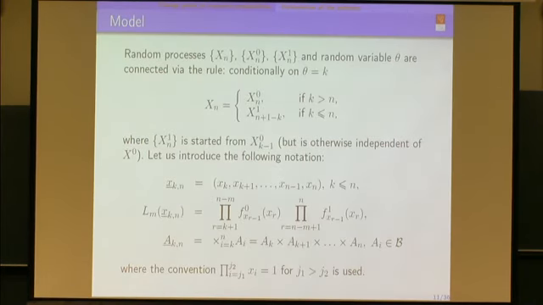Some denotation here is obvious, and let's look at this page. The most important is this formula. What does it mean here? Disorder. In fact, we can think that the second process starts from the last state of the first process just one moment before the disorder.